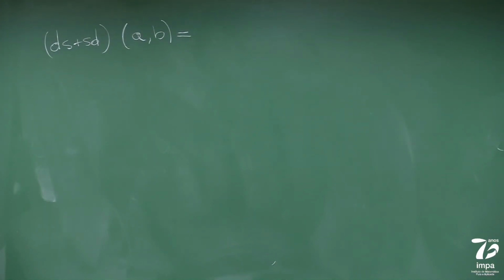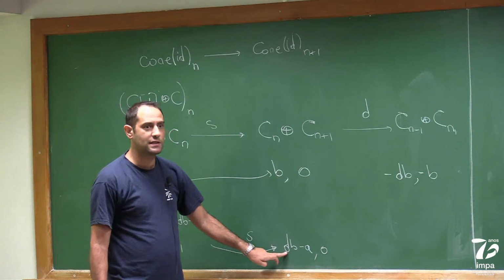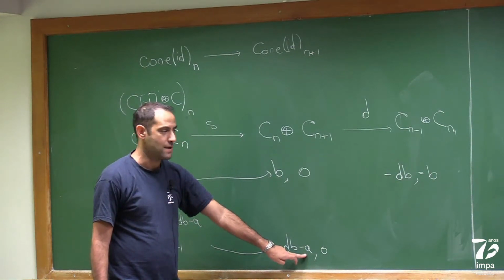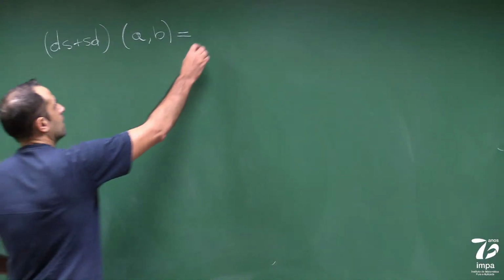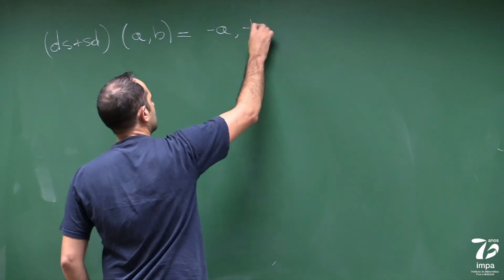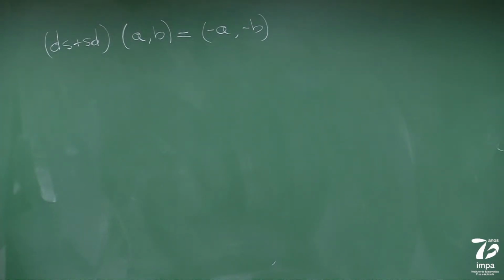So if I sum these two guys, I'm going to kill the dB, and I'm going to be left with minus A on the first component, and with minus B on the second component. Which is minus the identity, which is minus the original map that I have.